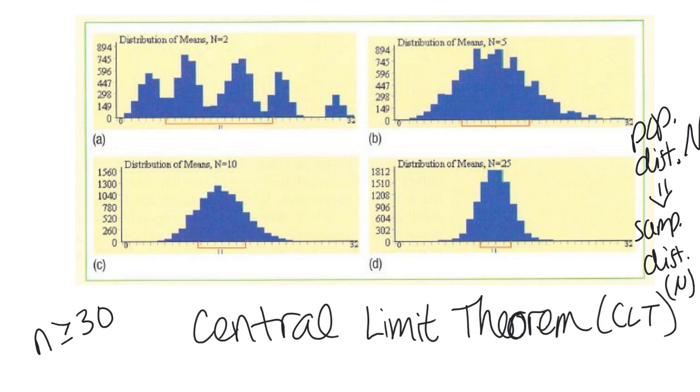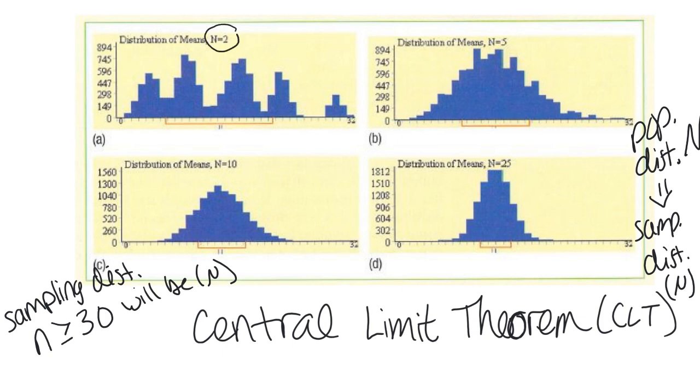But if my population distribution is not normal shaped, then if my sample sizes are large enough, meaning about 30 or greater, then my sampling distribution of X bar will be approximately normal.